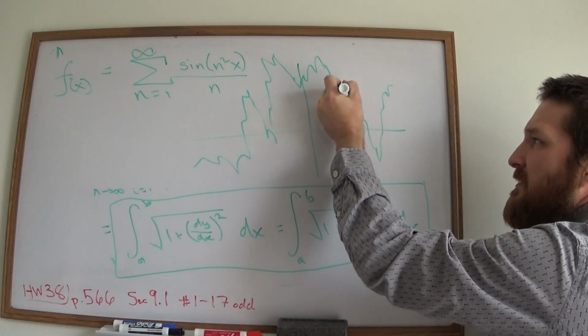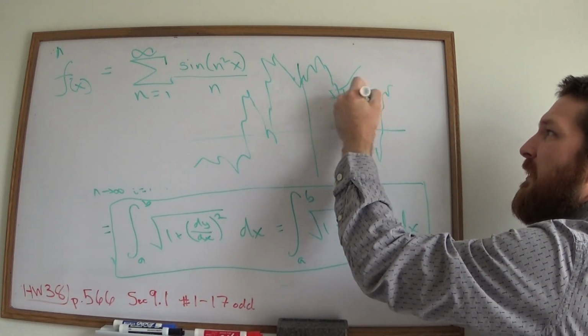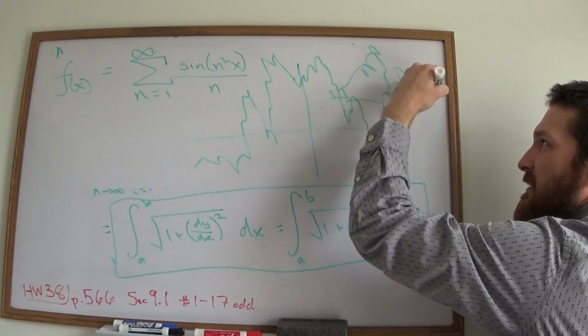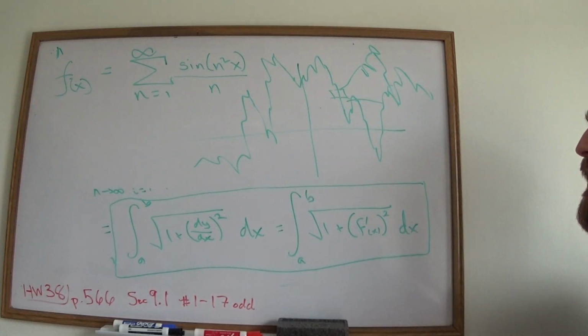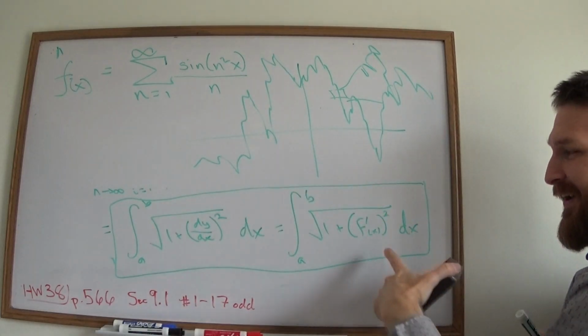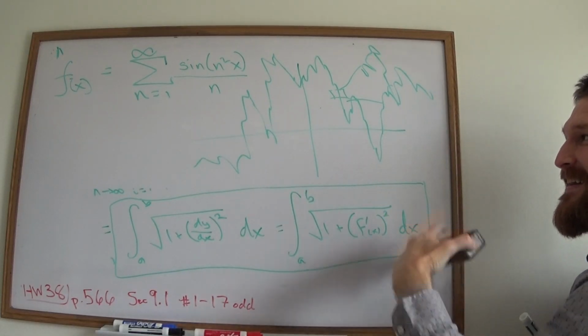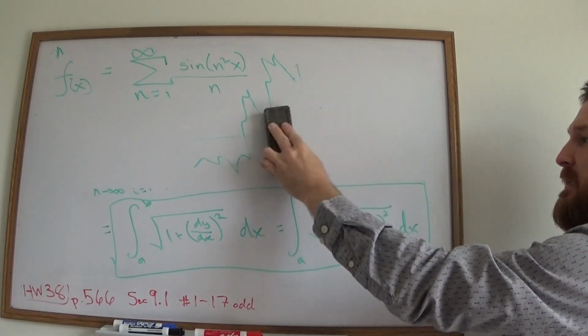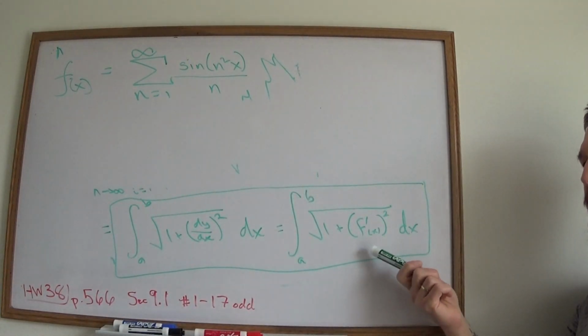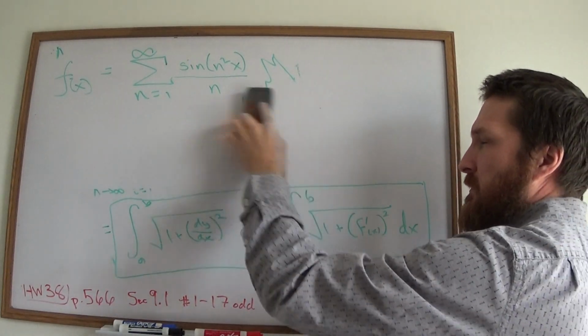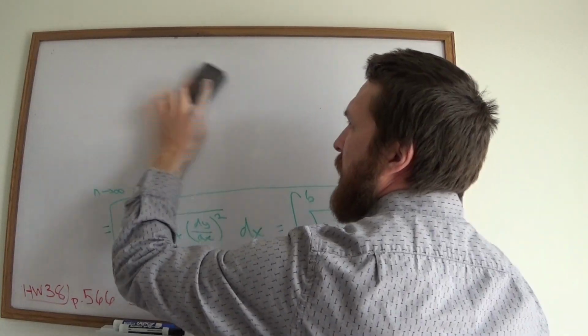And then you're like, oh, it's nice and flat right here. And then you zoom in on that, and it gets crazy and crazy. Interesting. So this would not be a good candidate because it's not differentiable. And so good luck plugging in its derivative. It doesn't have one. So that's not going to work.